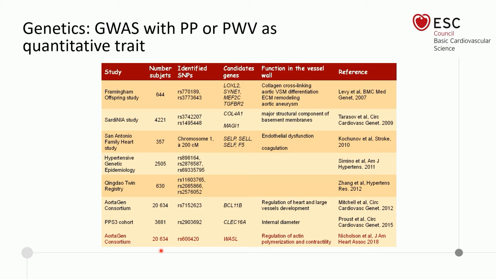This is relatively important because this locus is associated with regulation of actin polymerization, contractility, and immune disorder. But finally, genetics failed to identify new molecular pathways involved in vascular remodeling and arterial stiffness, probably because of the multifactorial characteristic of vascular remodeling and also because of epigenetic mechanisms.